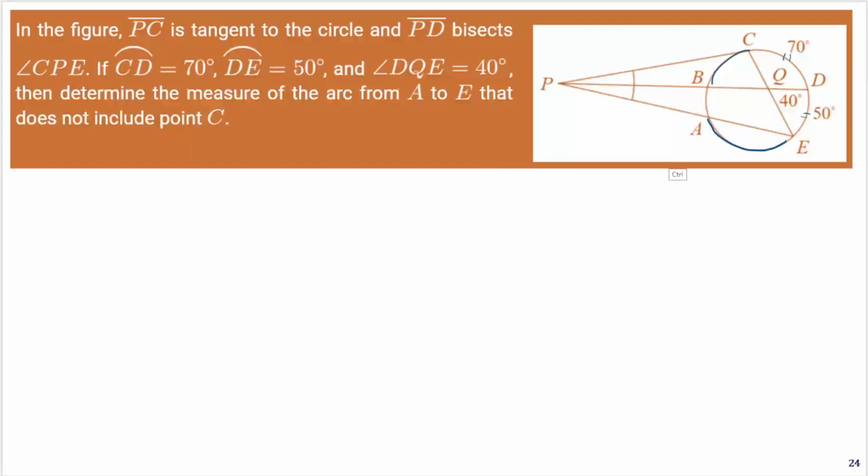So first of all, let's see if we can find the measure of BC. First, we note that Q is the intersection between CE and BD, right? Then we know angle DQE must equal 1/2 of DE plus CB, right?